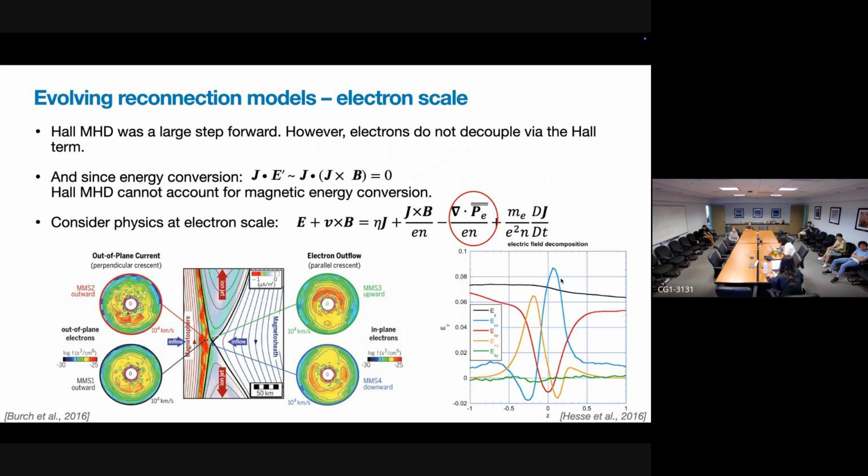This hypothesis was also verified by the MMS observation back in 2016. This is our benchmark paper showing the electron signatures observed in the reconnection region. And you can see this 2D electron distribution function has this non-gyrotropic crescent distribution, showing the non-gyrotropic pressure tensor.